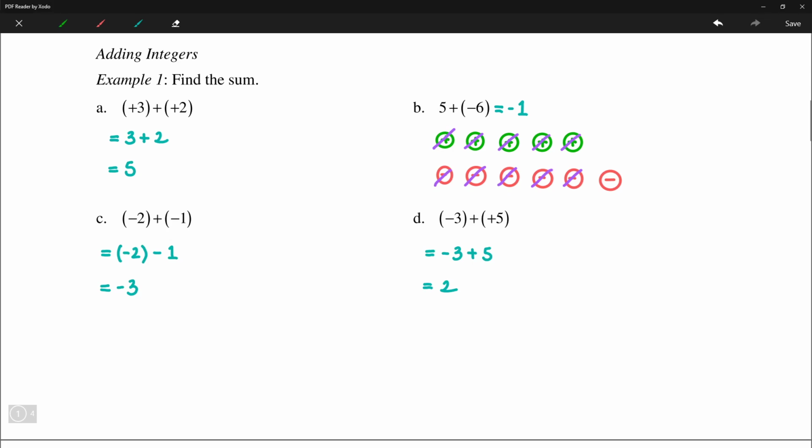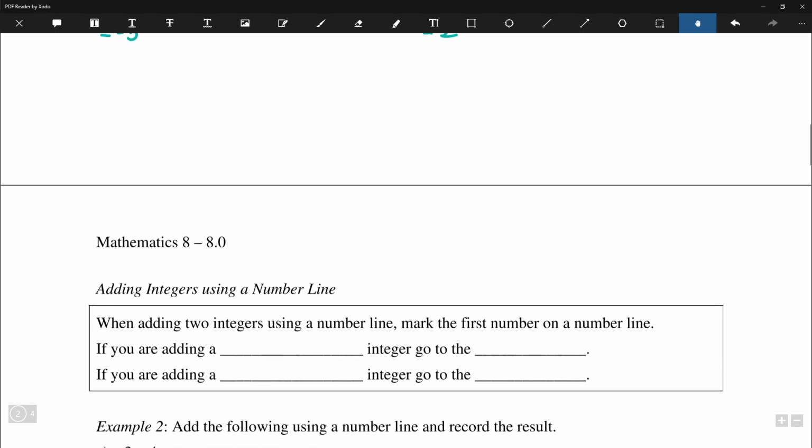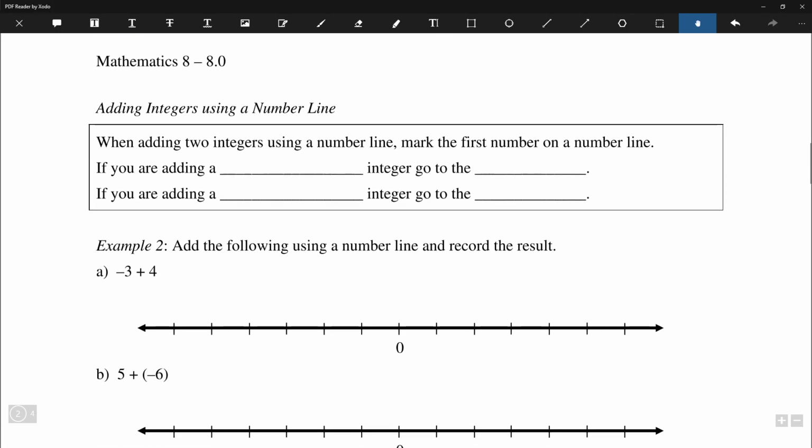Okay. So let's examine example 1C and 1D further by looking at an example with number lines. It says here, when adding two integers using a number line, mark the first number on the number line. If we're adding a positive integer, we will move to the right.